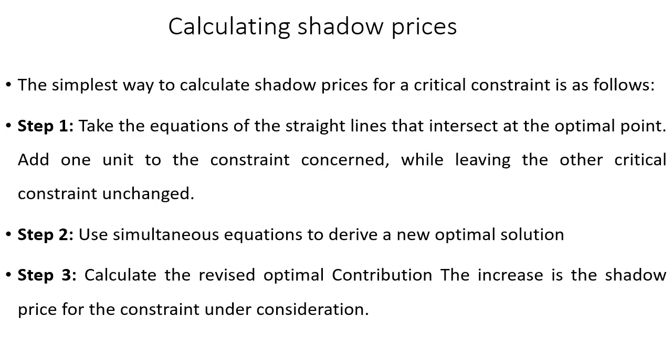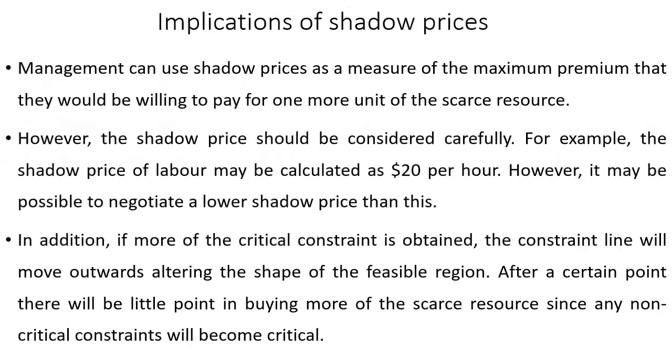In the second step, use simultaneous equations to derive a new optimal solution. In the third step, calculate the revised optimal contribution, the increase being the shadow price for the constraint under consideration. And inshallah, we will follow these steps while calculating some problems in our classwork.